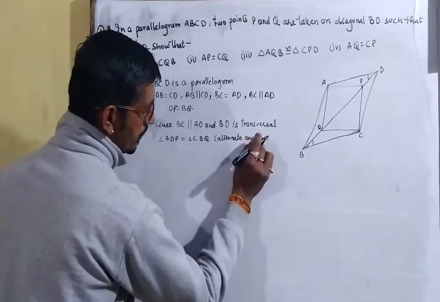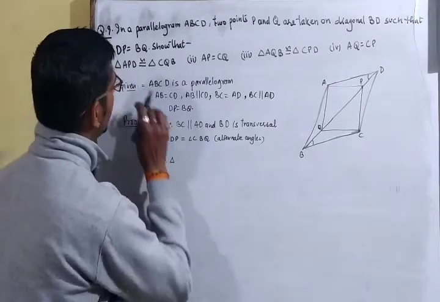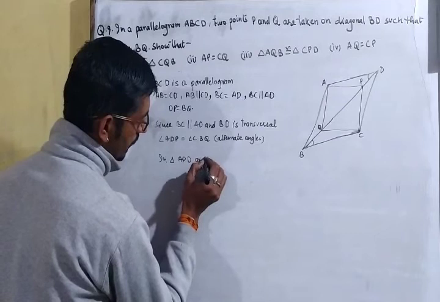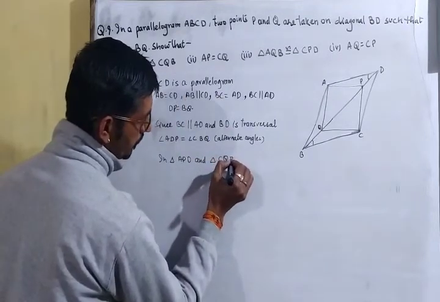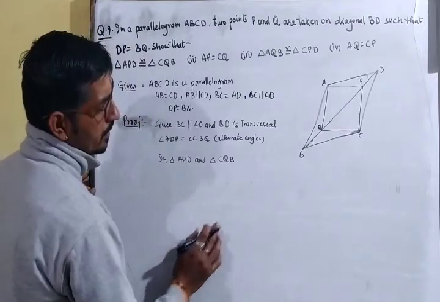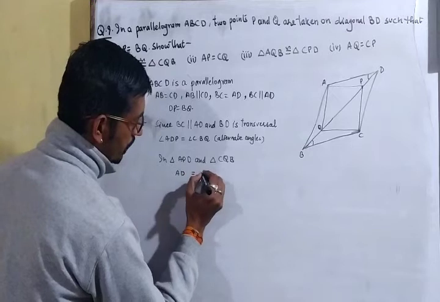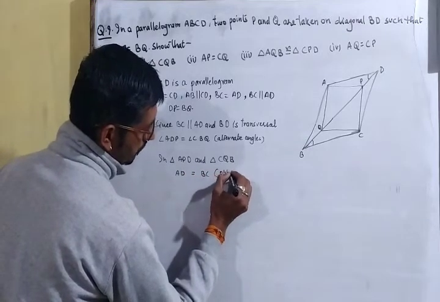Okay. So now in triangle APD and triangle CQB, what we can say? AD is equal to BC, opposite sides of parallelogram.